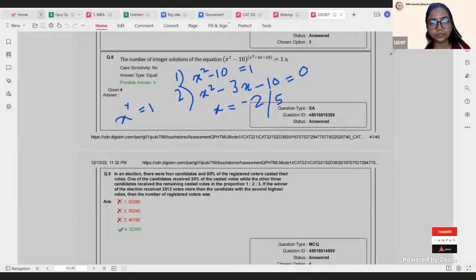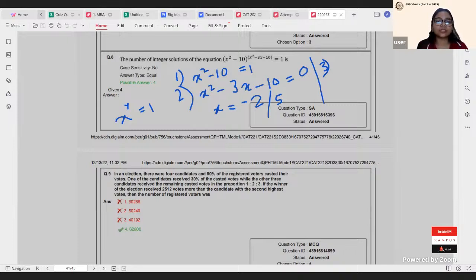The third case, I'll just write the third case here. What I mentioned was that in x to the power y, x is minus 1 and y is an even integer.